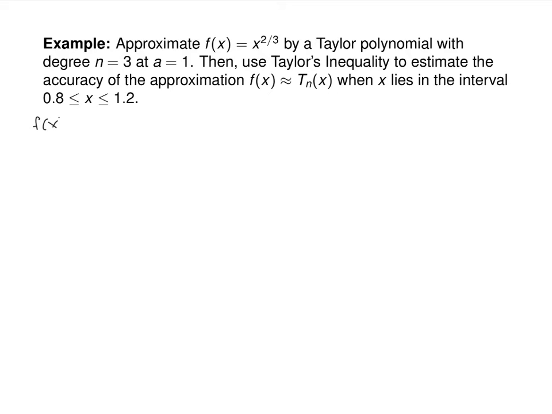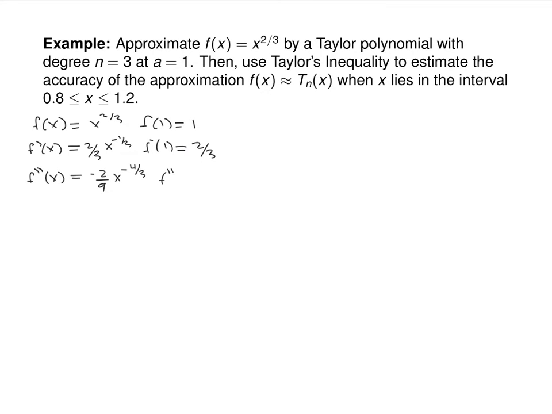So your function f of x is x to the 2/3, and f of 1 will be 1. The derivative is 2/3 x to the negative 1/3. Plugging in 1 there, we get 2/3. The second derivative is negative 2/9 times x to the negative 4/3.